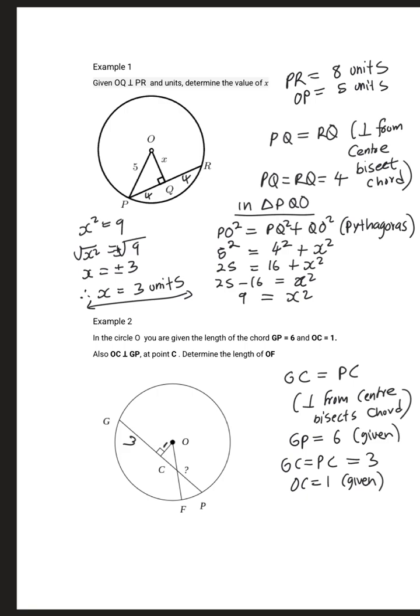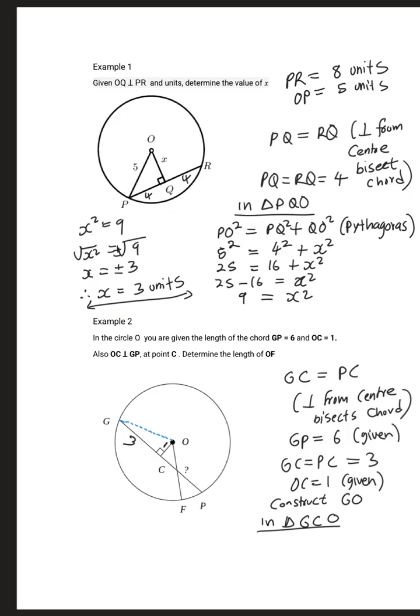Now we're going to construct GO. After constructing GO, we're going to say in triangle GCO, we can see that it's a right angle triangle, so we can use the Pythagoras theorem.